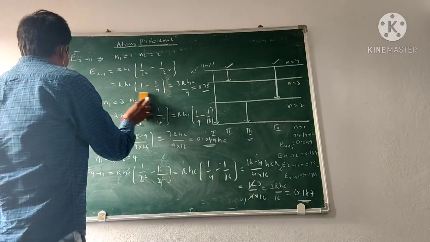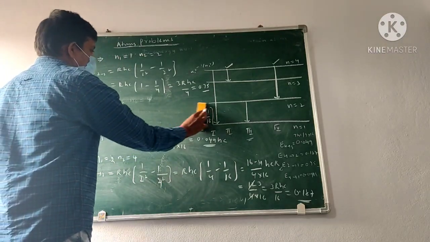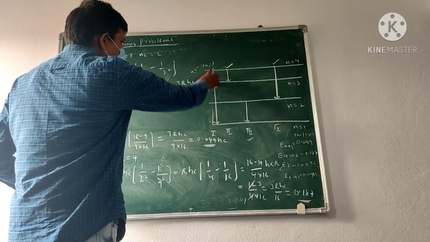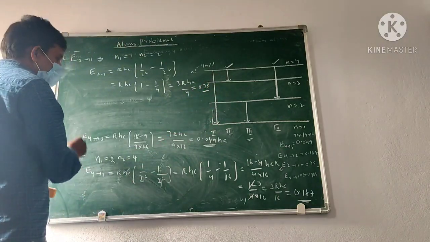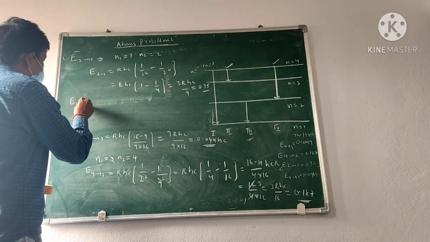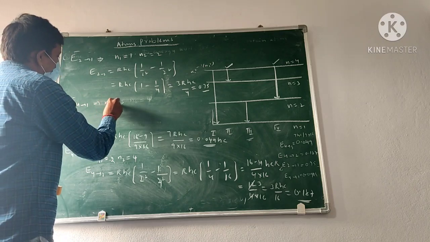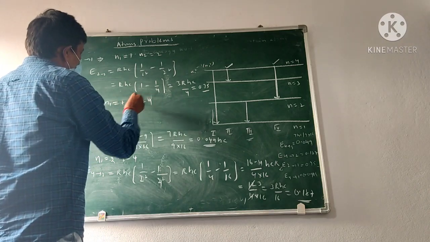And the last transition is E from 4 to 1. In this case, n1 is equal to 1 and n2 is equal to 4.